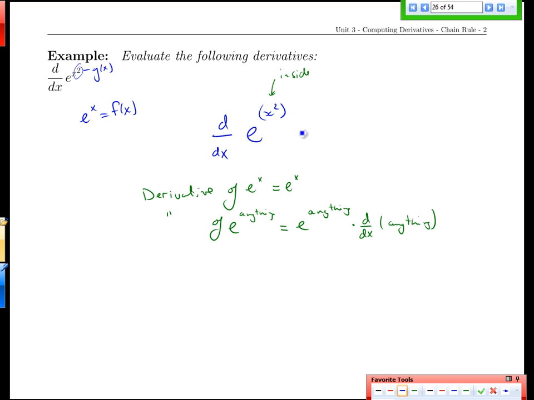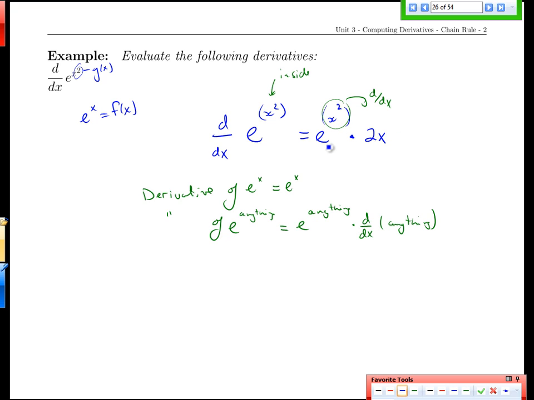How does that play out in practice here? The derivative of e to the anything is e to the same thing again, times that expression differentiated. So times 2x here. So e to the same thing again times 2x.